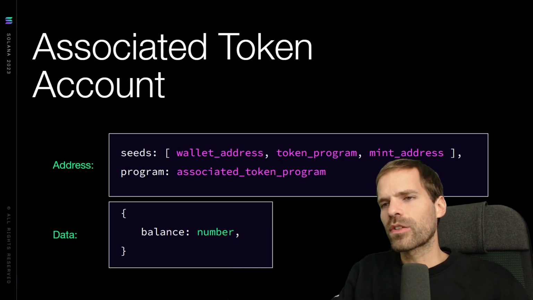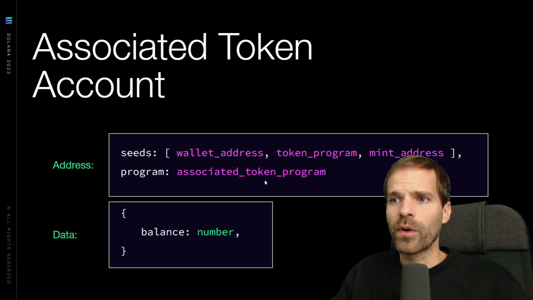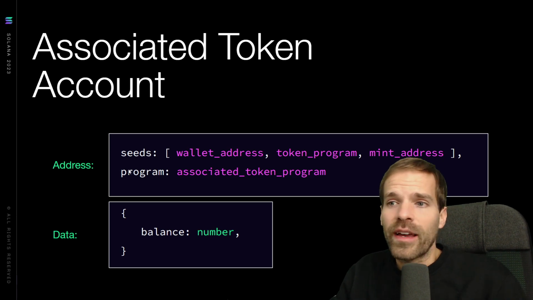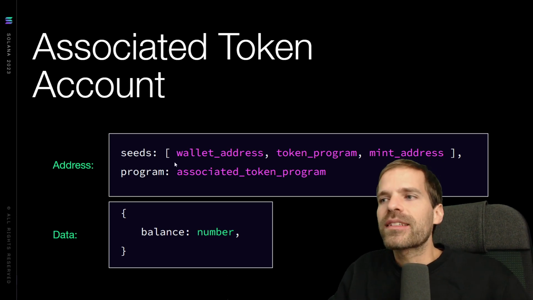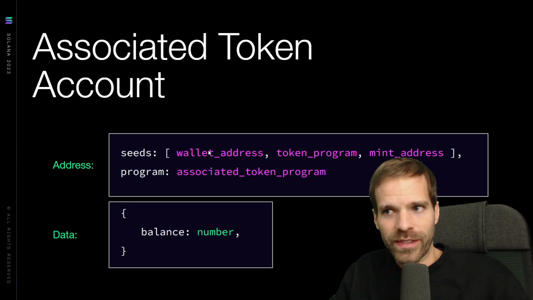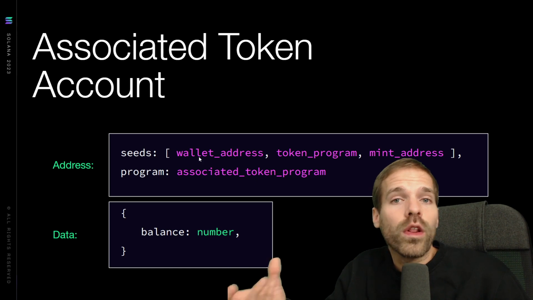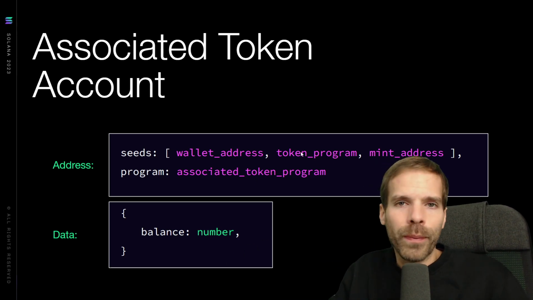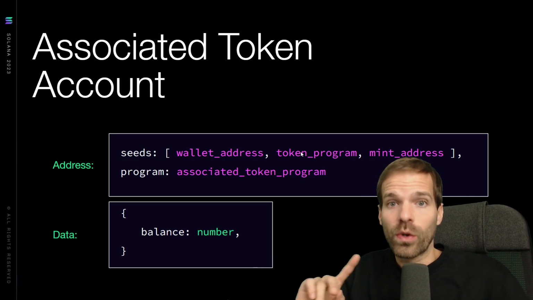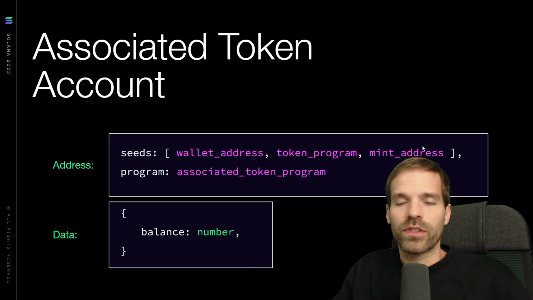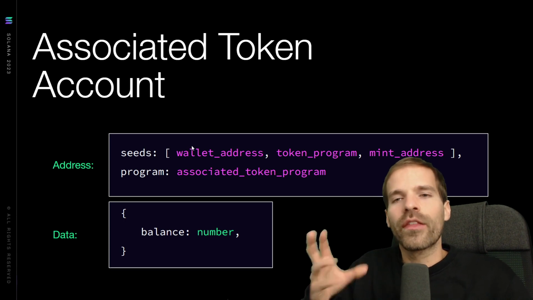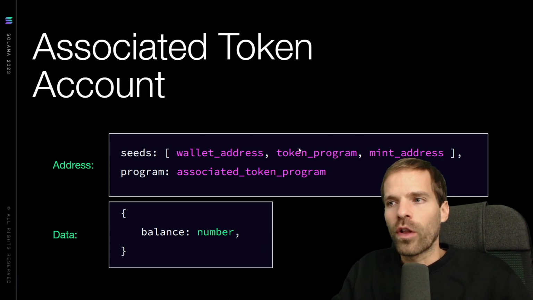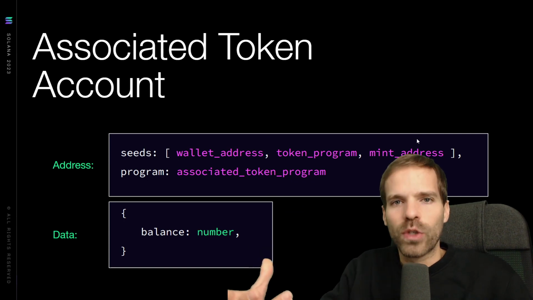Yeah, let's talk about the associated token program though, because I said seeds, what even is that? It's basically just a list of bytes, and in this case the bytes are made up of the wallet address itself, because obviously for a different wallet we want a different token account, the token program we put in there, because there can be different token programs, and the mint address, so which token it is. And as soon as one of those changes, the token account will be different. But if all of them are the same, then we get the same token account again.